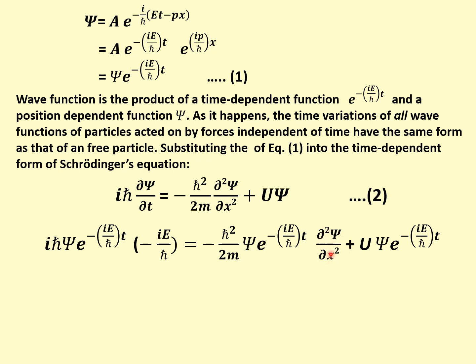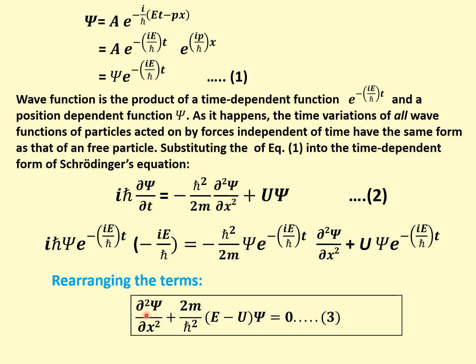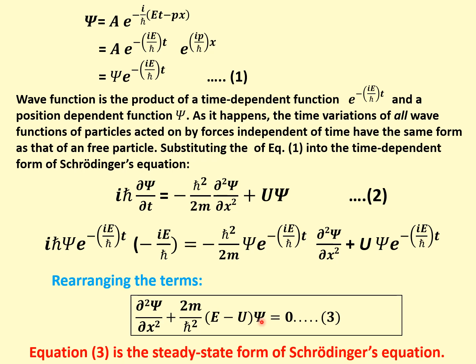It will be here U into this ψ, we can put ψ e raised to power minus iE by ħ t, and if we rearrange the terms, and some terms will be cancelled out, and finally we will get an equation like this, ∂²ψ/∂x² plus 2m by ħ² (E minus U) ψ equals 0. Then this equation number 3 is known as the steady state form of the Schrodinger equation.